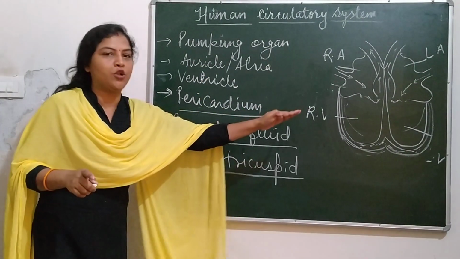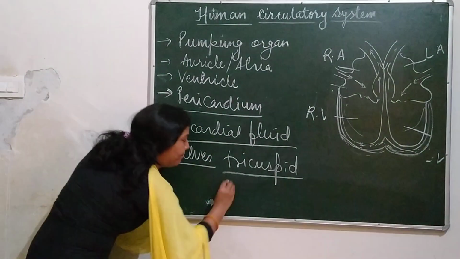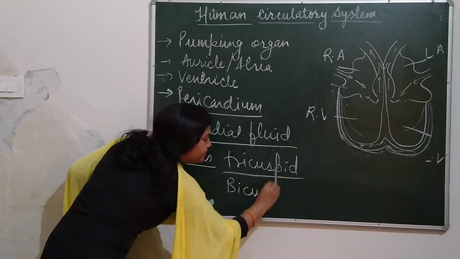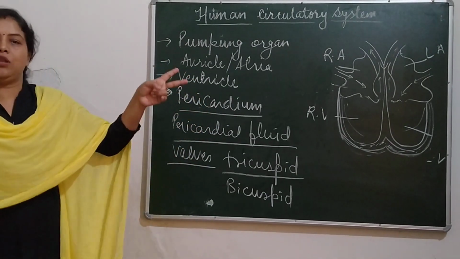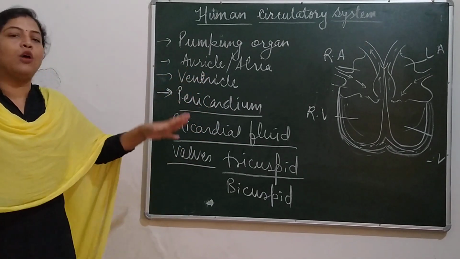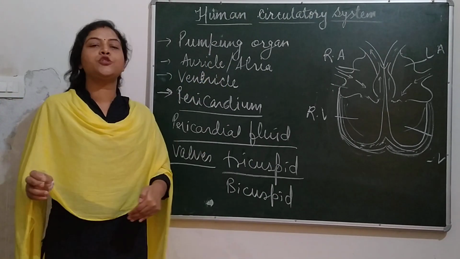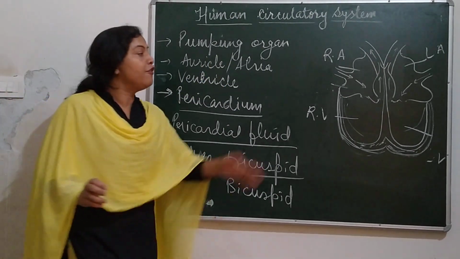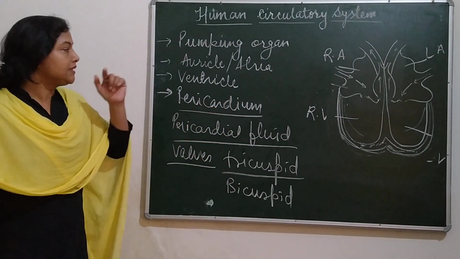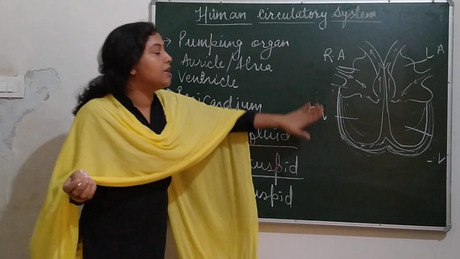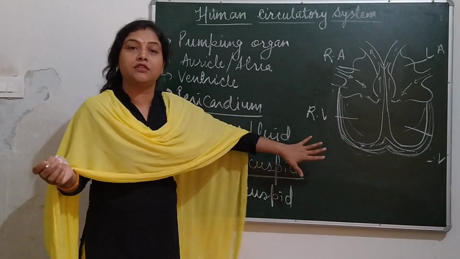And the left part has the bicuspid valve, which has two cusps only. All these valves help in the unidirectional movement of the blood from auricle to ventricle. So this is the structure of the heart.